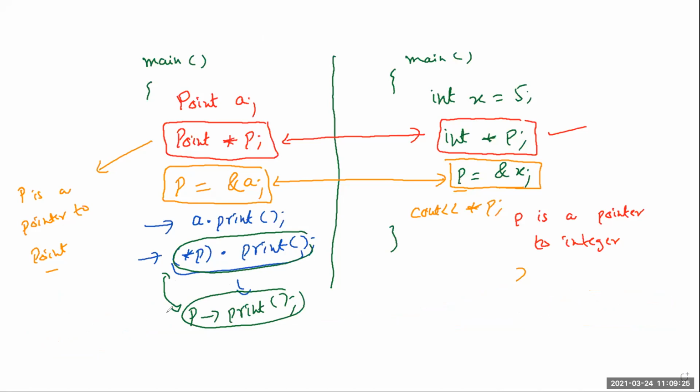Either you put star and dot, that is okay, or if you don't want that, you can simply write P and call the function with this arrow operator, which is called the indirection operator. Since this is a lot of discussion, let me update the program with pointers, and then maybe we can have a question answer session.